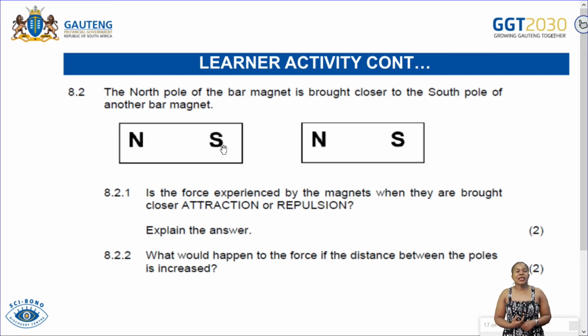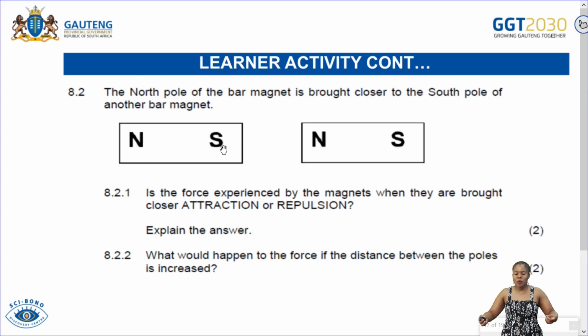8.2.2, they're asking what will happen to the force if the distance between the poles is increased? If we take both these magnets and we increase the distance between them, the magnetic field strength will start getting weaker and weaker as we move them far apart from each other.